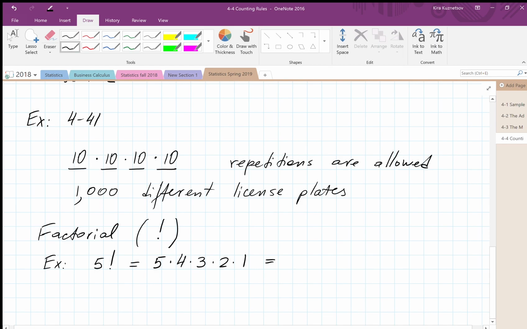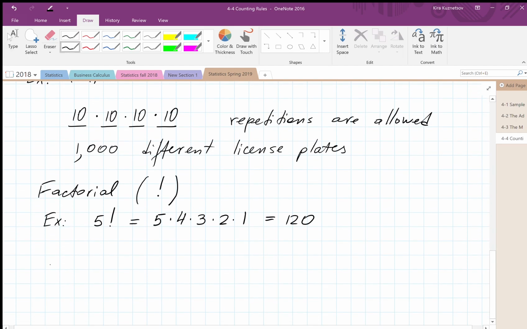So 5 factorial happens to be 120. Why is this useful? This is the number of different ways to arrange a certain number of objects. So my rules are, I'm going to go like this, factorial notation.